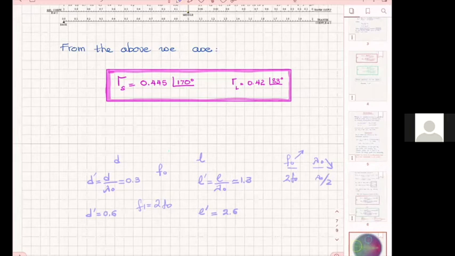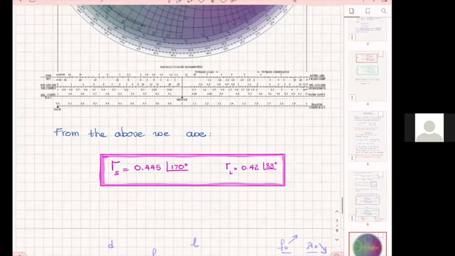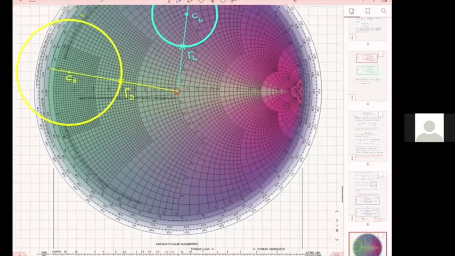How much? Look, the difference. On the Smith chart, we're talking about wavelengths. We're not talking about physical lengths. So a doubling in frequency just changes your D from 0.3 to 0.6. And where do we go from 0.3 to 0.6?